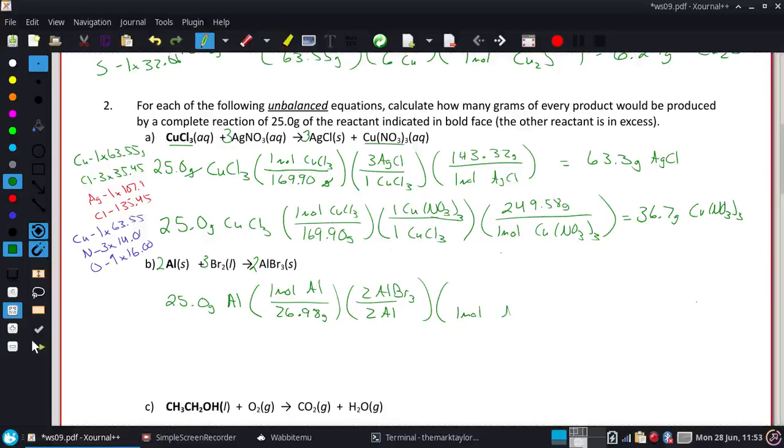And then 1 mole of aluminum bromide: we have that 1 aluminum at 26.98 grams, and bromine, 3 of them, those are 79.90. Giving us a total of 266.68 grams.